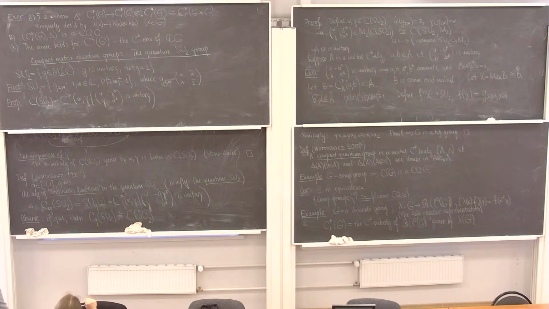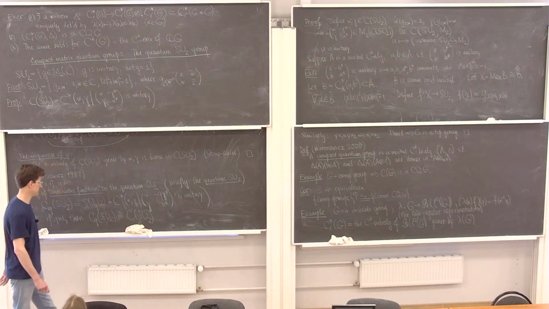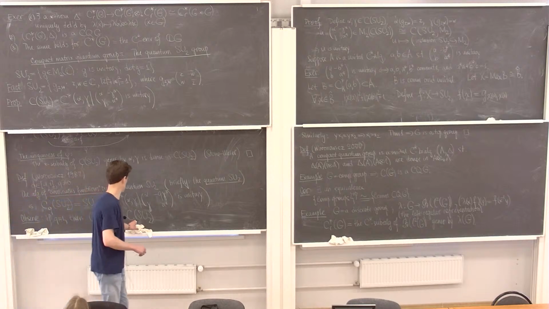And in fact, this family can be interpreted as a kind of deformation of the algebra of continuous functions on SU2. And this algebra itself is a kind of limit of these algebras as Q tends to 1.